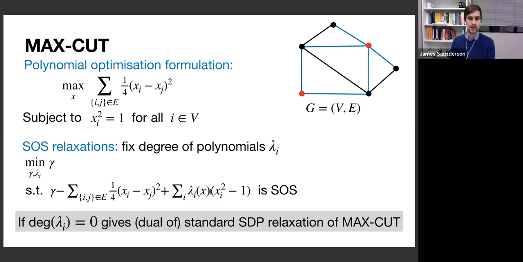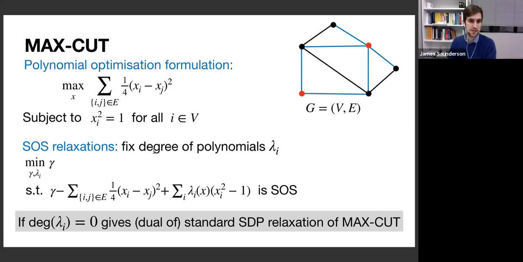All right. Okay, and so it turns out that already choosing degree 0 multipliers, so just scalars, so just having an optimization problem where the lambda i's are just scalars, gives the dual of what I'll call the standard semi-definite relaxation of this problem, and I'll talk more about that on the next slide. But somehow already just doing the simplest possible bound here will turn out to be quite an interesting non-trivial bound that you get.